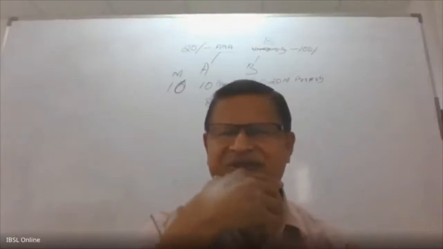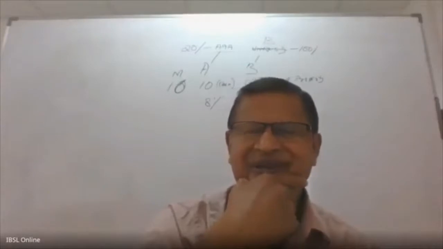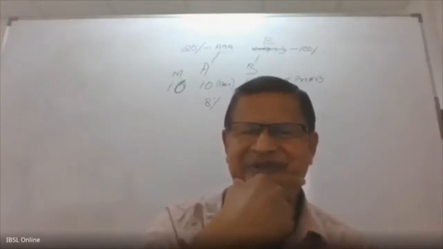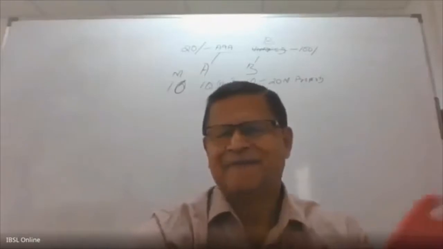Now from this, you need to calculate the non-performing ratio of these quarters. The first quarter is 18 divided by 131, which will give you the non-performing ratio of this particular bank.